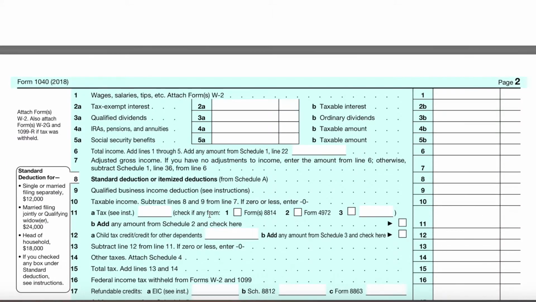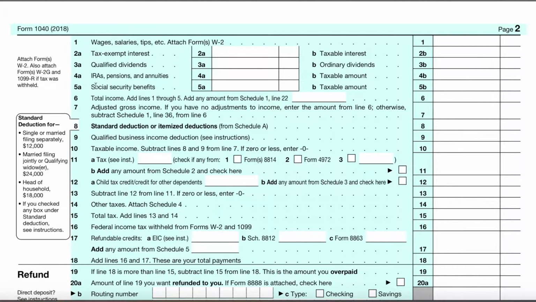Moving on to the second page of the new 1040 form, we have line item 1, which is wages and salaries and tips, and this is basically any increase in wealth that a taxpayer realizes over the taxable year. Then we have qualified dividends, line item 3A, which are dividends that are taxed at a preferential rate, 0, 15, or 20%.